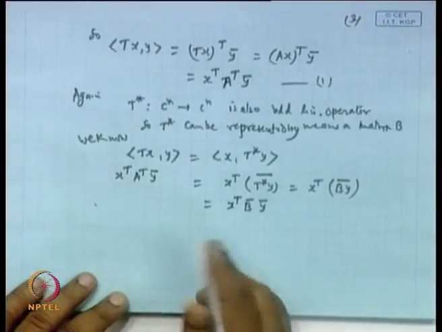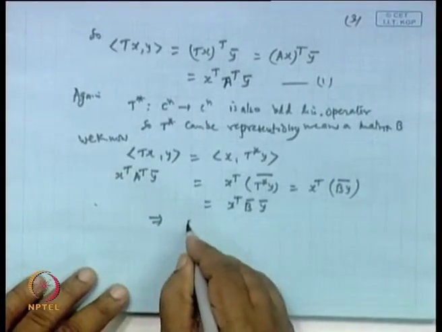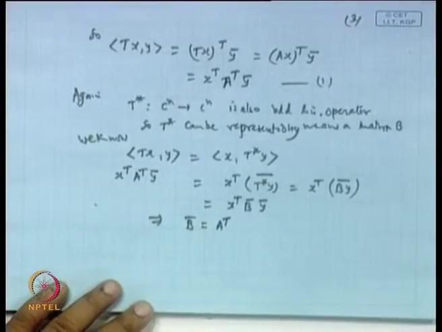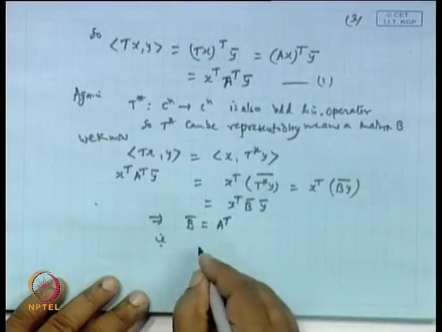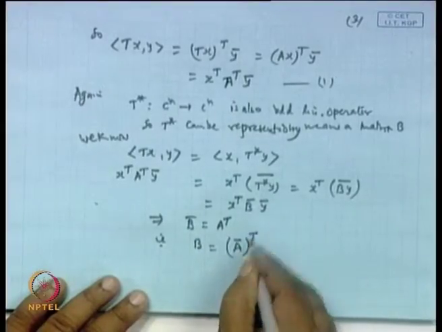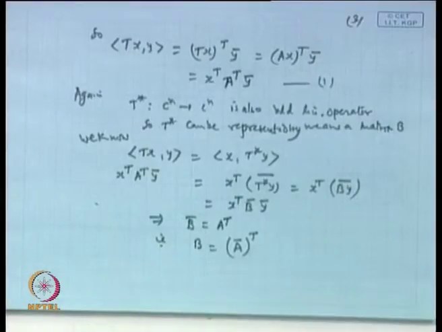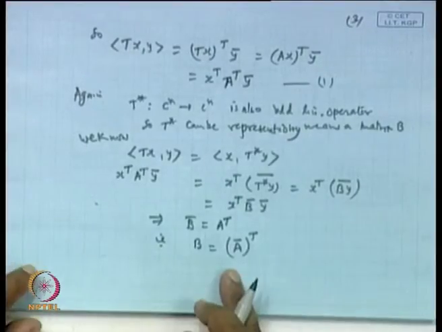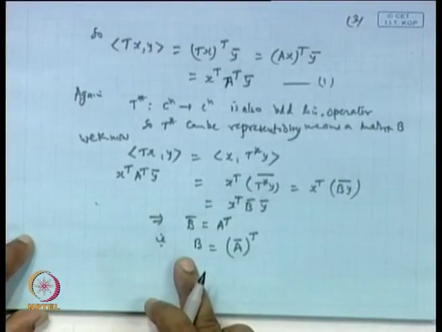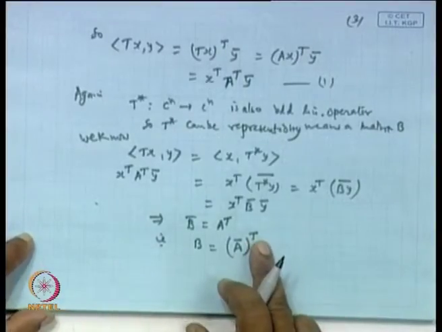If we compare these two, this implies that B bar comes out to be A transpose. It means the matrix B is the conjugate transpose of A. Clear? So if T is represented by a matrix A, then the corresponding Hilbert adjoint operator is represented by the conjugate transpose of this matrix.